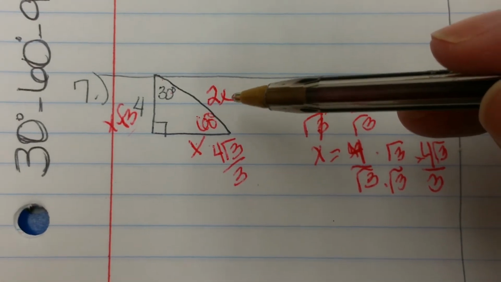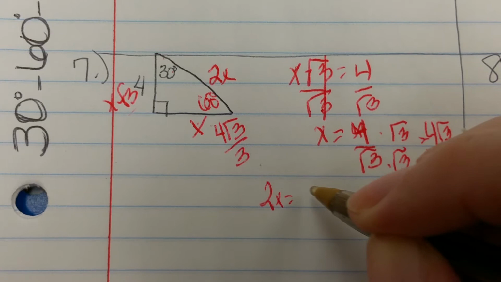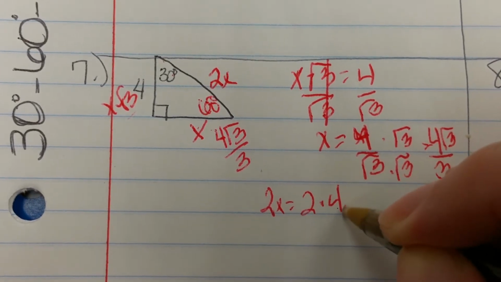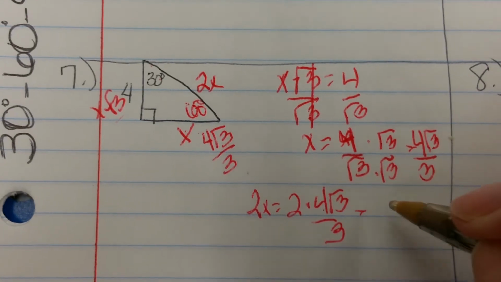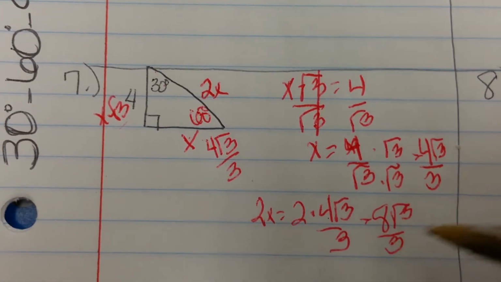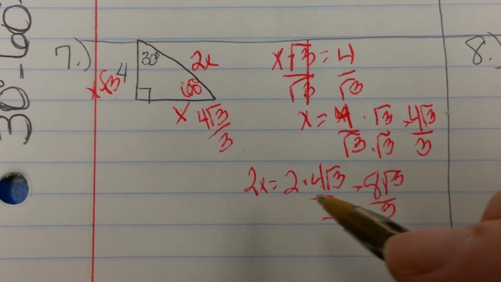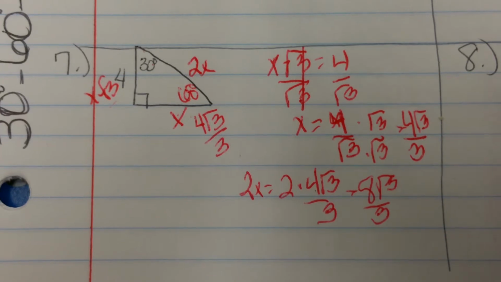Now I'm going to substitute that value in here. 2x equals 2 times 4 square root of 3 over 3. Well, 2 times 4 is 8 square root of 3 over 3. And I can't reduce that anymore. There's no radicals on the bottom. I can't do anything else with that.